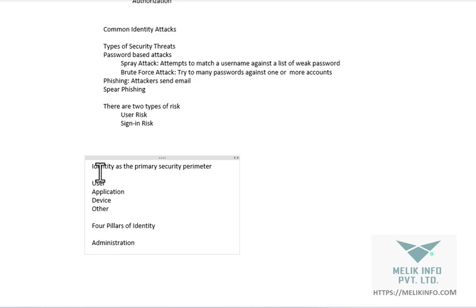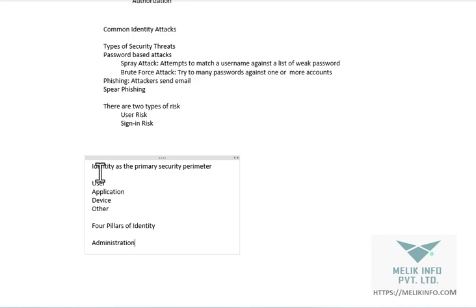Administration involves the process of creation and management of identity, for a user, device or a service. As an administrator, you can manage how and under what circumstances the characteristics of the identity can change.